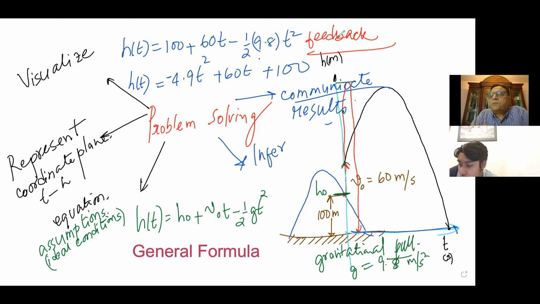So basically, problem solving means involving all these things together. You get the idea. If I put it in this kind of a picture, it becomes a presentation of what exactly is going to be there, and how we are going to infer something from it.